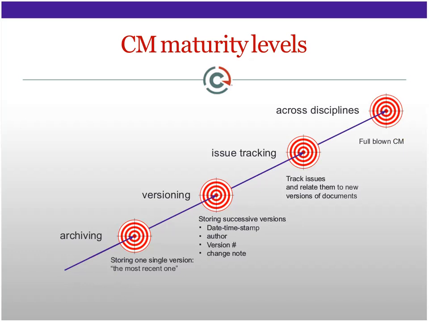So you can relate one issue that has impact maybe on software as well as electrical. And this is full-blown configuration management. I don't know about other people, but this is quite challenging. You have to define your information flow very well, and someone or people have to be aware of it and how to deal with it.